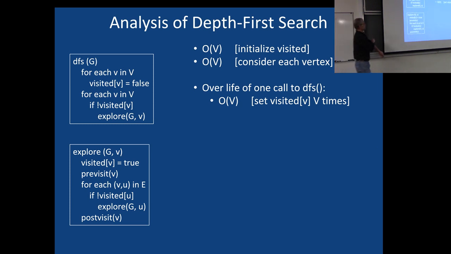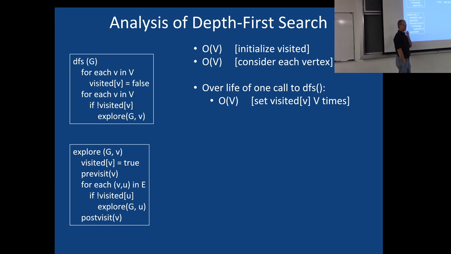Now, what about the cost of this explore? How many times do we call explore? From right there. How many times is that method call made? Okay, it's called every time we find an unvisited vertex.